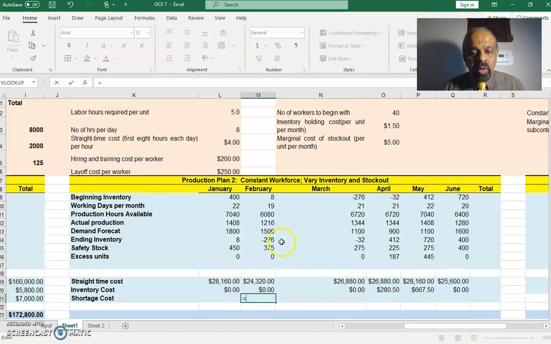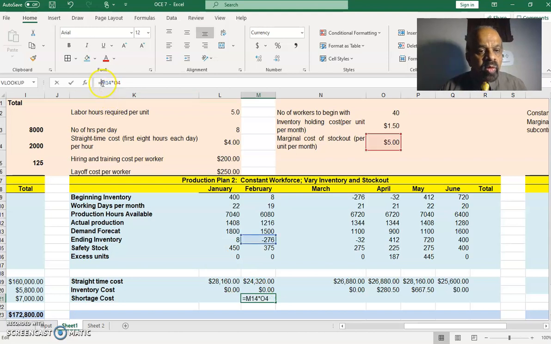So that is going to be equal to the ending inventory, which is 276 times $5, which is my stock out. And I want to make sure that this is actually positive. So I'm going to make it a negative here. So 1380. So 276 is the absolute value of this ending inventory, even though it is negative. So 276 times 5 is 1380.